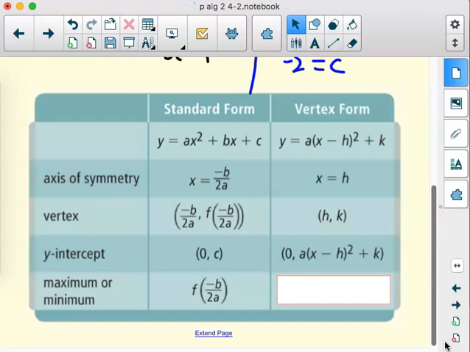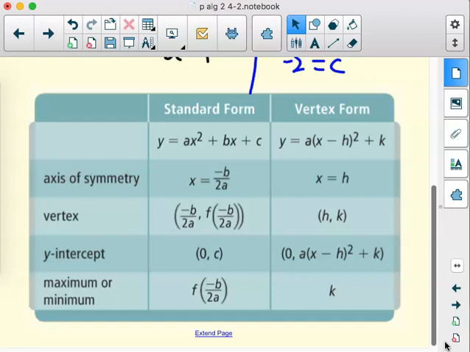Question is, in vertex form, where do we find the maximum or the minimum? At the vertex, yeah, h, k. So again, the book is going to focus on k because that's the height piece. We want to know how high or how low it is, and that's why it's maximum or minimum.